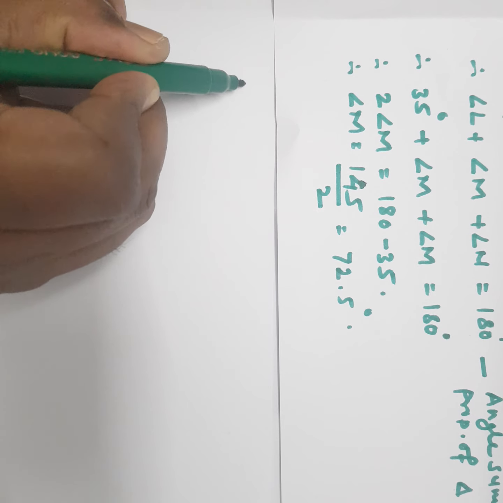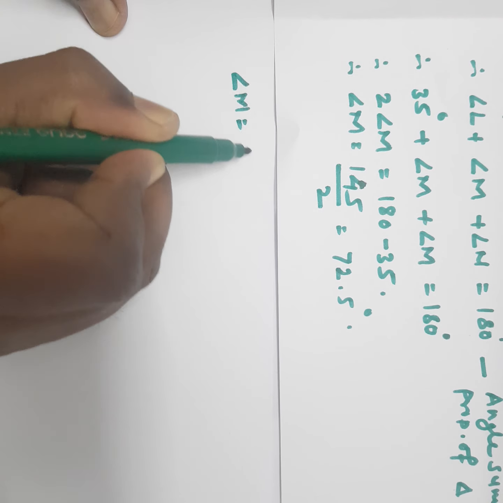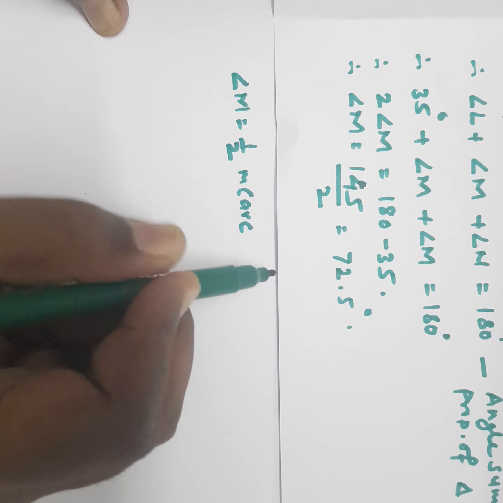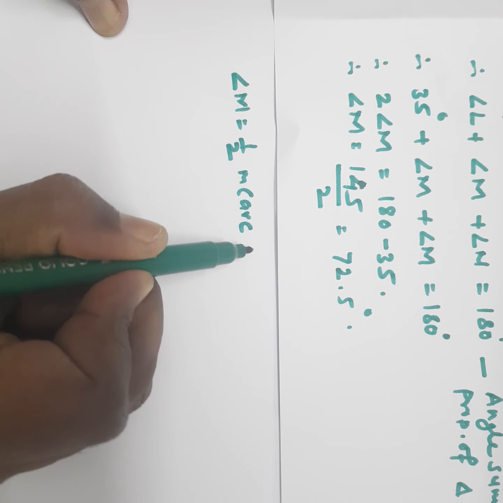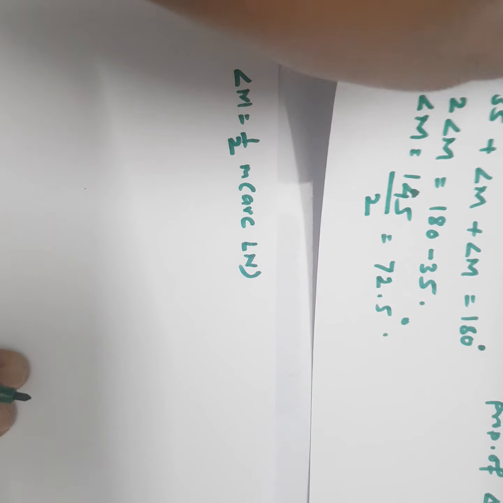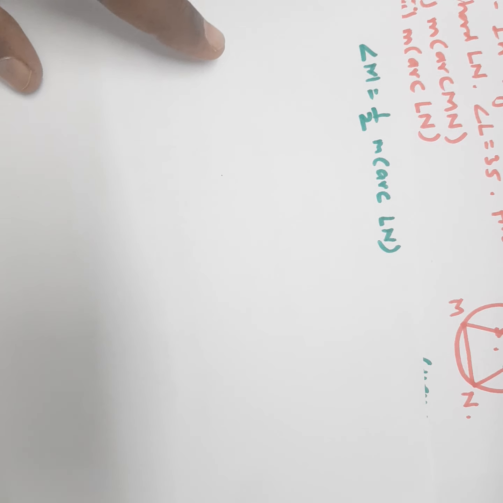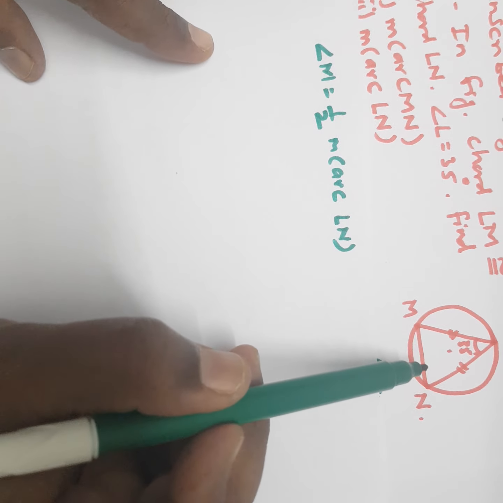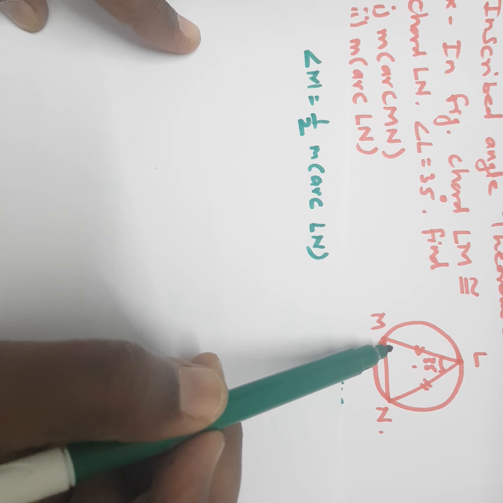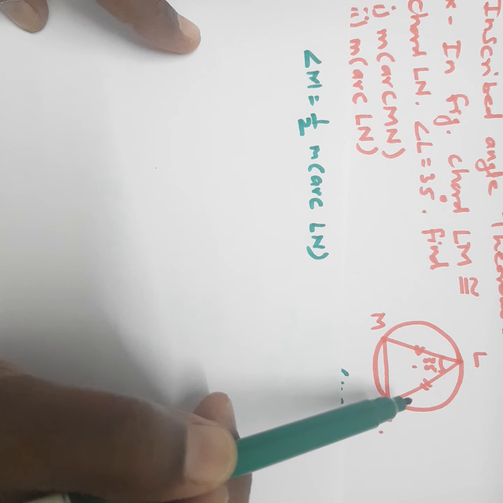Now angle M is equal to 1/2 measure of arc LN. See in the figure. This is our figure, angle M. What is the relation between angle M and arc LN?